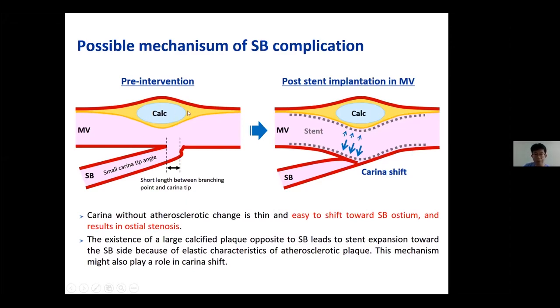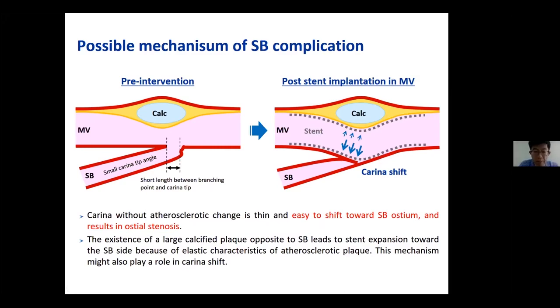In that situation, if we put in the stent, carina shift occurs because the carina without atheromatous change is easy to shift toward the side branch and results in ostial stenosis. The existence of a large calcified plaque opposite the side branch leads to stent expansion towards the side branch because of the elastic characteristics of atheromatous plaque.